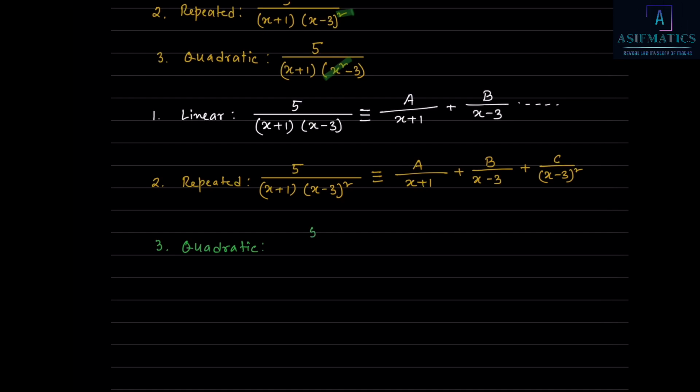quadratic, we have 5 divided by x plus 1 and x square minus 3. Within the bracket x square will be there, not the whole square. Remember, this one is very important. So in case of quadratic, you put the identical sign, and then we write a by x plus 1 plus, now we need to write bx plus c in case of quadratic, divided by x square minus 3.